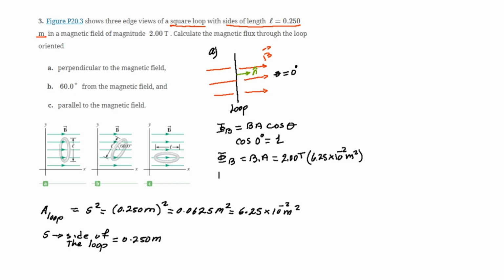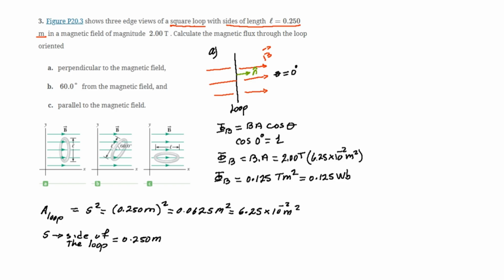When you calculate that, the magnetic flux through the loop would be 0.125 Tesla meters squared, which is the same as 0.125 Weber. This is when the loop and the magnetic field are perpendicular.